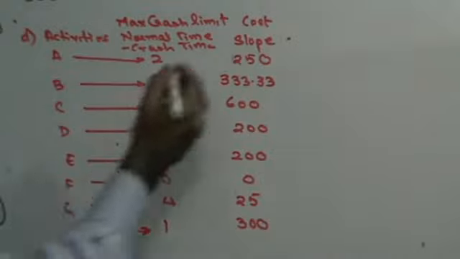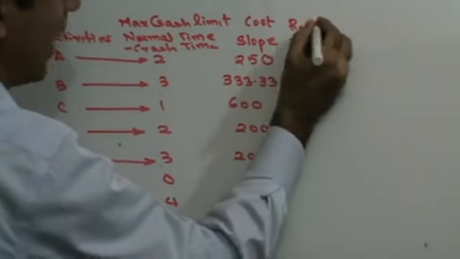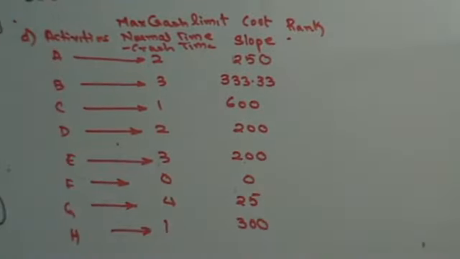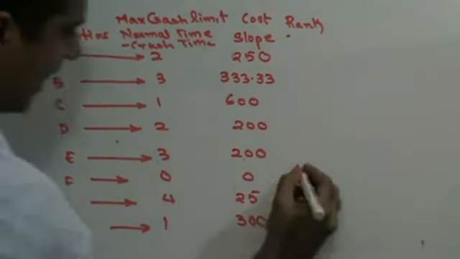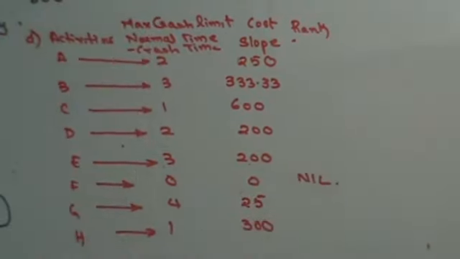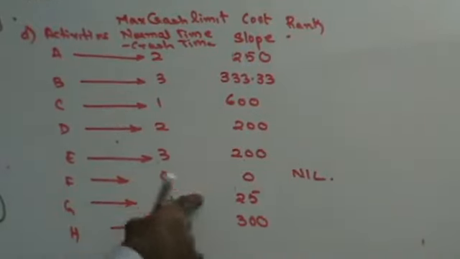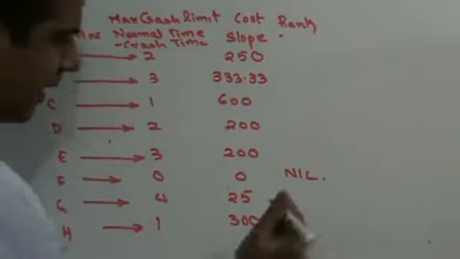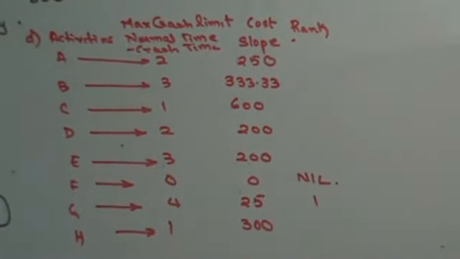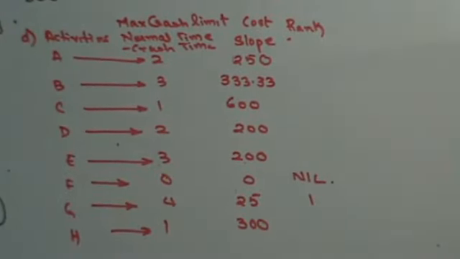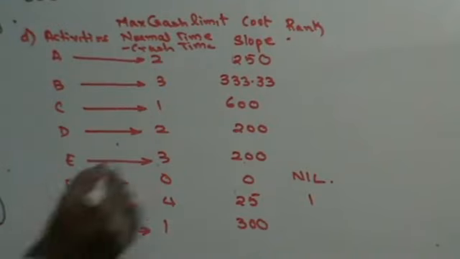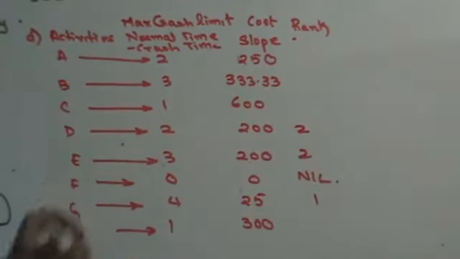Once you get the cost slope, you need to rank them. Now when you're ranking them, you have to rank them in ascending order. 0 is not to be ranked because that's a dummy activity. The smallest number here is 25, so 25 gets first rank. Then the next closest number is 200, so both of these get second rank.